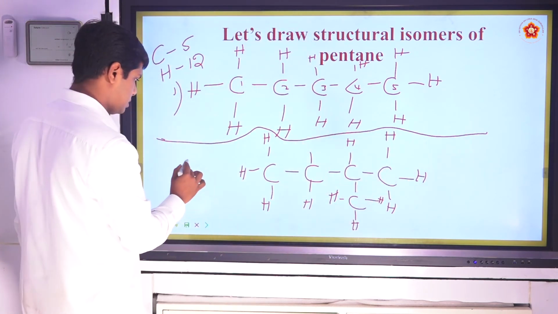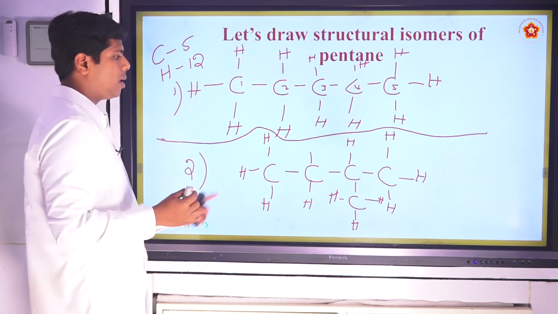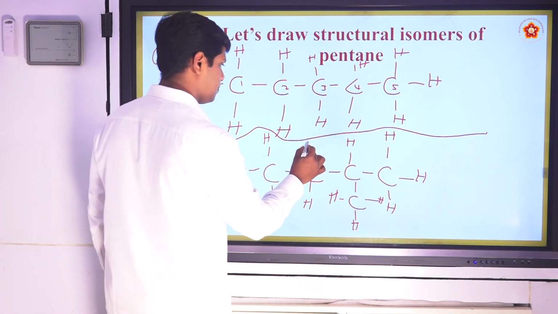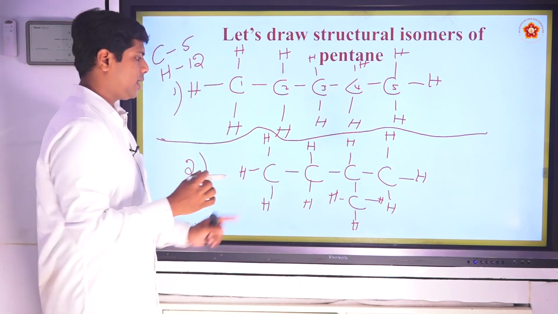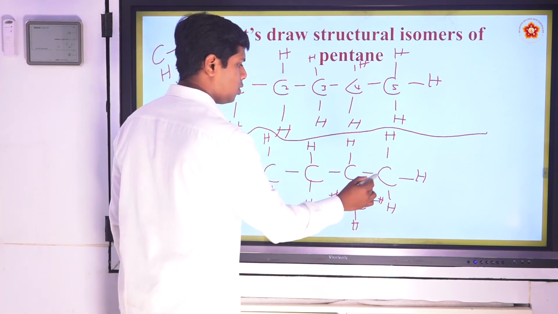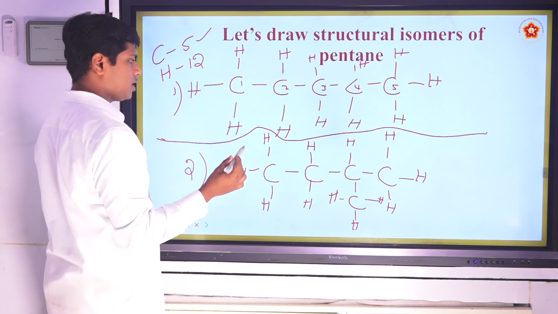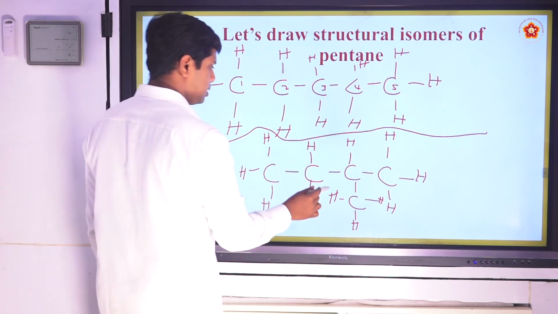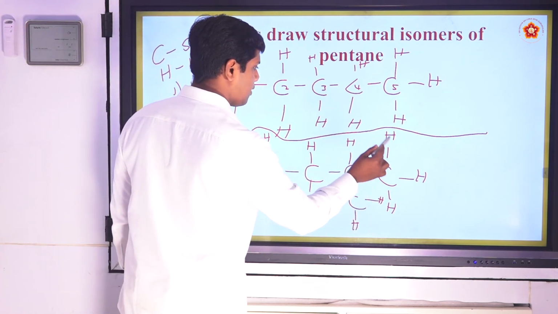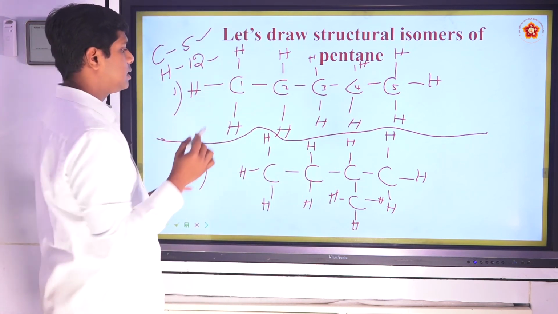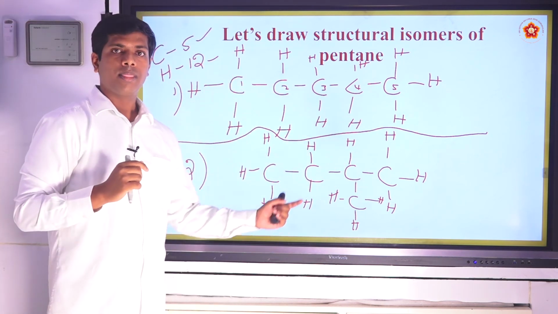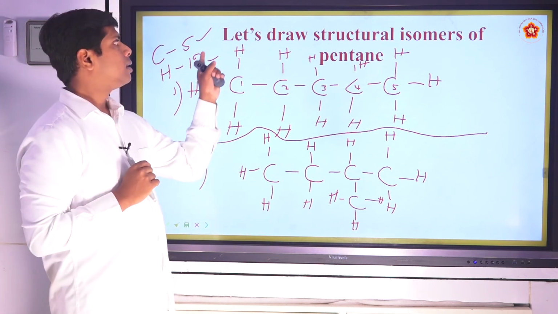This is the second structure. Count how many carbon atoms. 1, 2, 3, 4, 5 carbon atoms. 1, 2, 3, 4, 5, 6, 7, 8, 9, 10, 11, 12 hydrogen atoms. This is the structure that is branched chain.